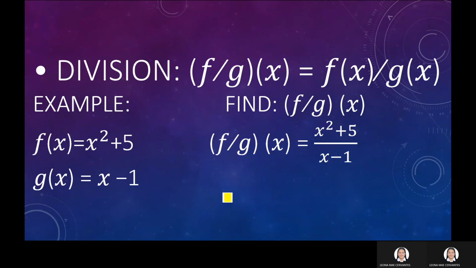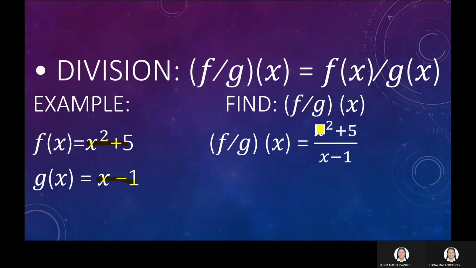Now, let's have another example for division. We have f divided by g of x is equal to f of x divided by g of x. So, for example, f of x is equal to x squared plus 5. And g of x, we have x minus 1.